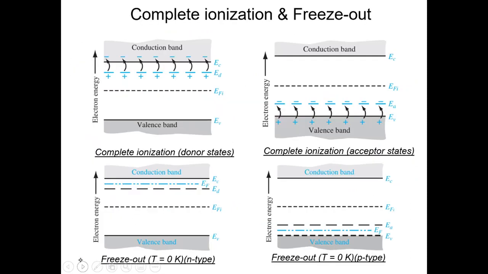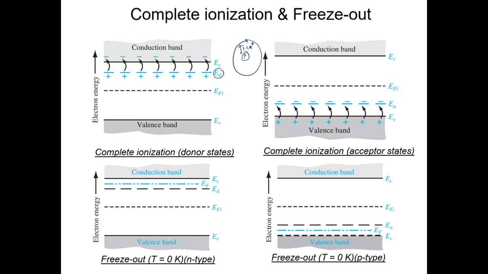Now there's another concept called complete ionization and freeze out. As I mentioned earlier, these electrons which were occupied at this energy state, which is ED, you can think of this as the energy state introduced by these phosphorus or arsenic atoms, and these electrons are revolving around the phosphorus atom with a radius close to 25 angstroms.